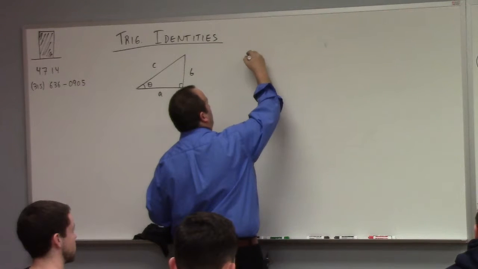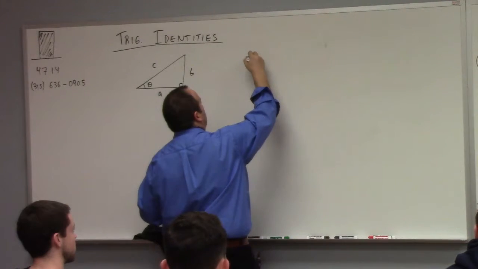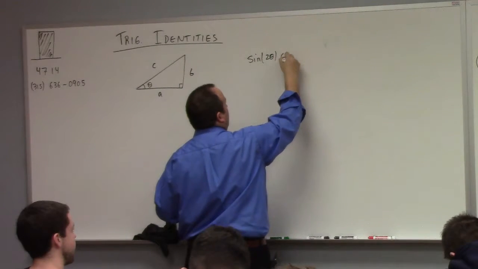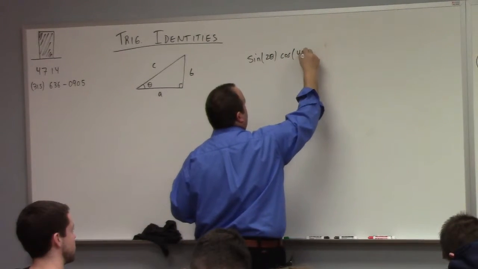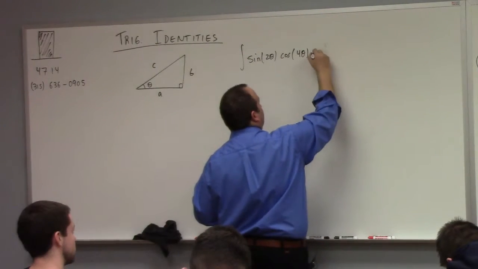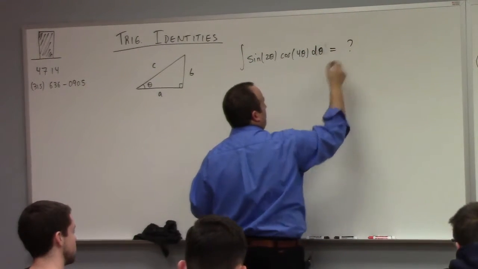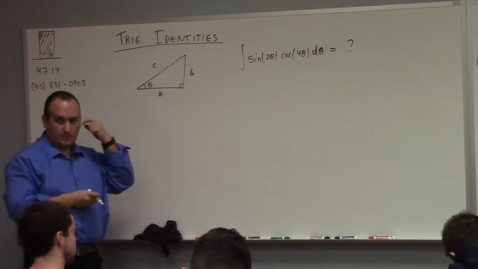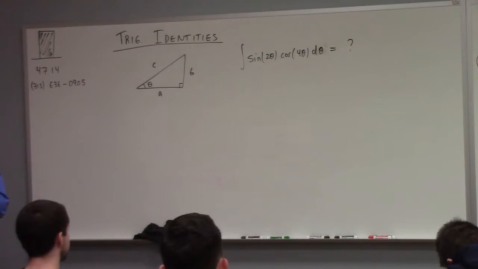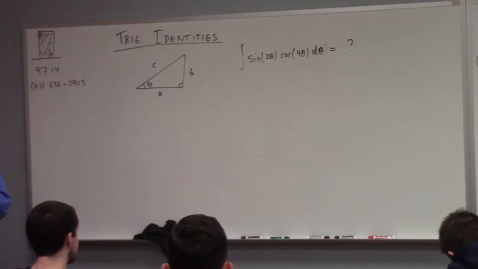What if we wanted to find the identity for, say, sine of 2θ times the cosine of 4θ? What if you wanted to integrate that? Could you integrate that? I think it's tough without trigonometry. So here's how I do this.